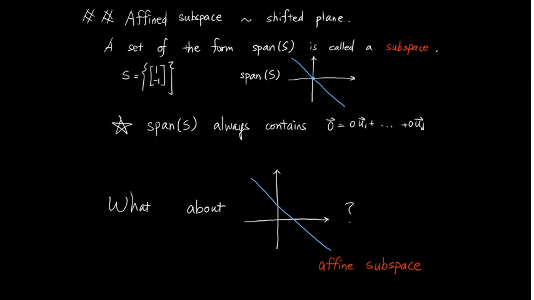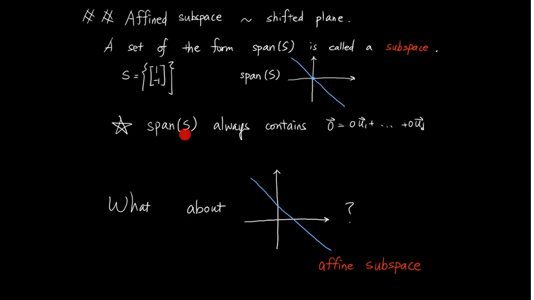And notice that span S, no matter what set S you give me, always contains the vector 0. Because 0 is equal to 0 times u1 plus 0 times u2 plus dot dot dot. In the end, the 0 vector is always a linear combination of any set.